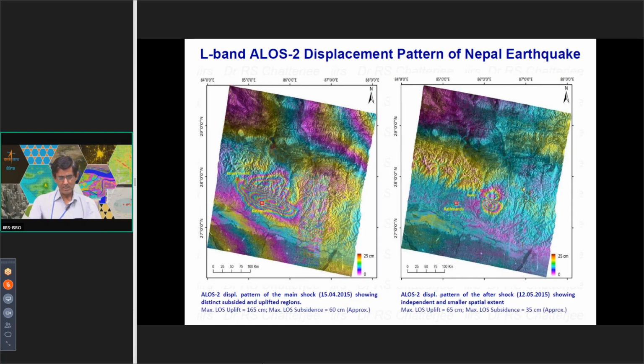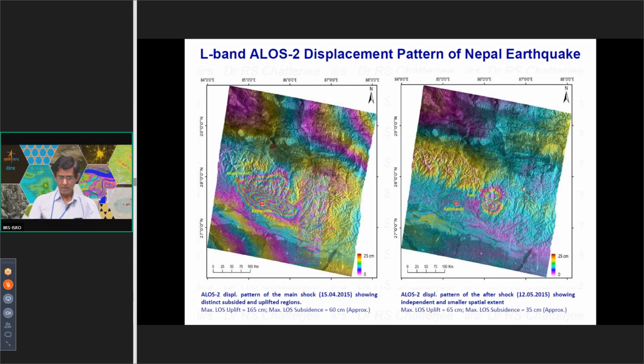Now, if you compare the displacement pattern due to the main shock, the 7.8 magnitude main shock on the left side, and the displacement pattern due to the major aftershock on 12 May, 7.3 magnitude, you can compare that. In case of the main shock, the maximum uplift is 165 centimeter, and the areal extent is quite large, and maximum LOS subsidence is 60 centimeter on the northern side.